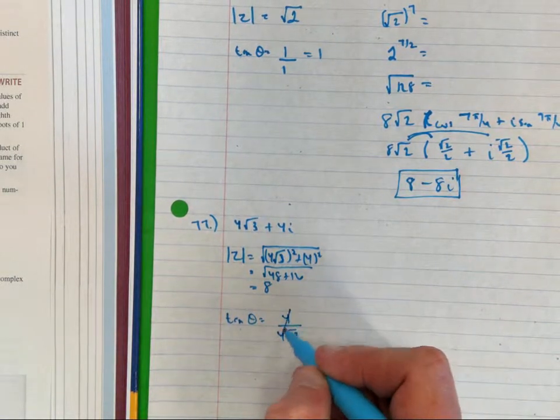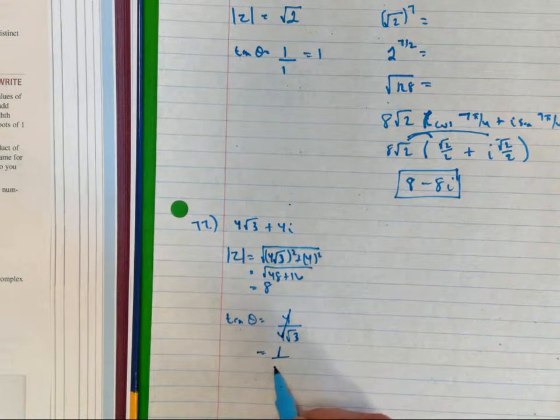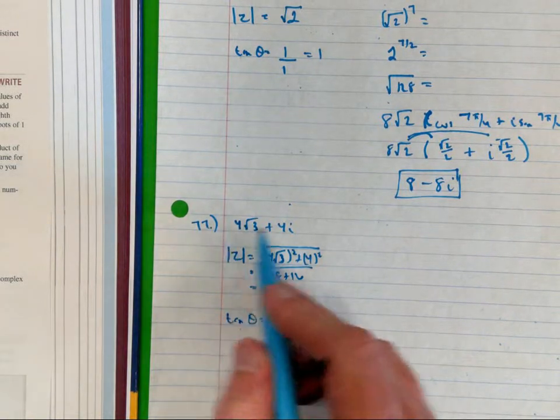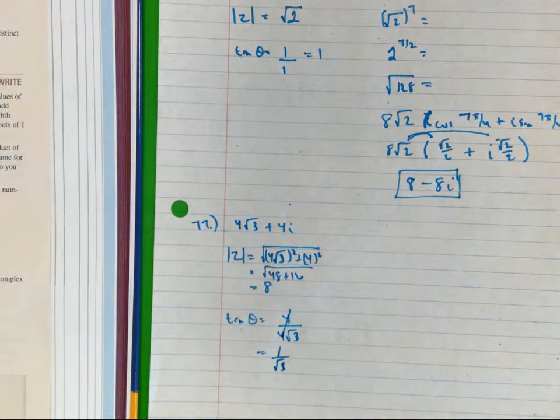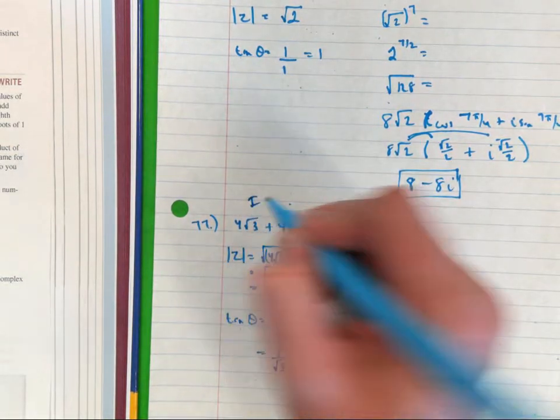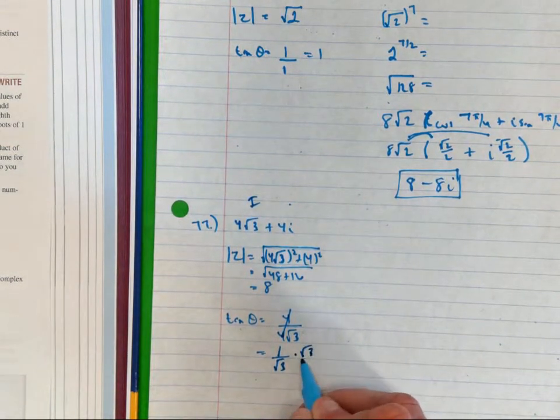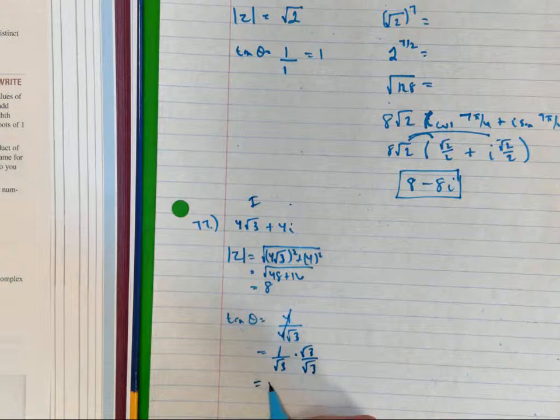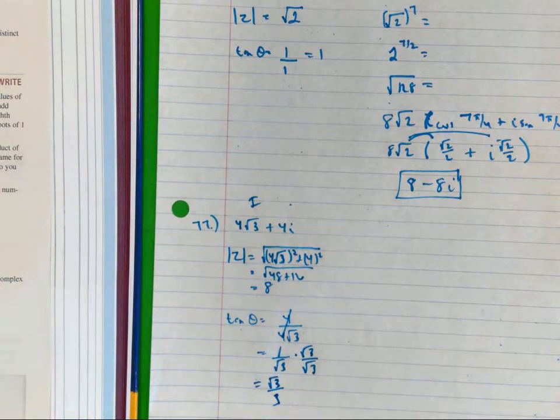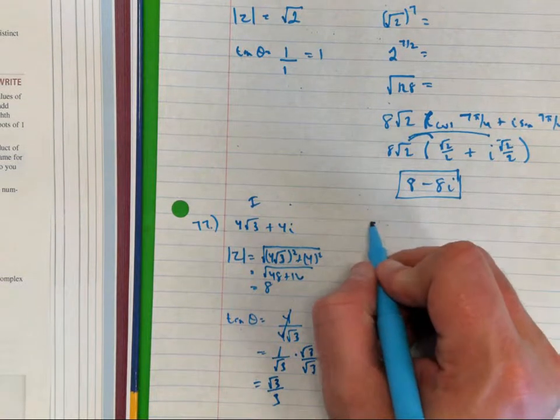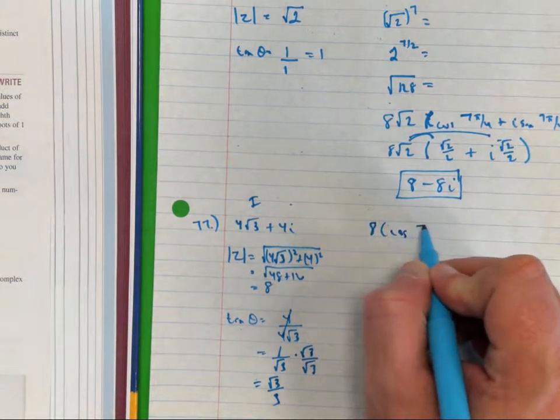What happens to these 4s? Left with 1 over root 3. Now, if I was to graph that, it being quad what? 1. I'm going to rationalize this. What family will give you a tangent of root 3 over 3? Pi over 6. And in quad 1, it will be pi over 6.